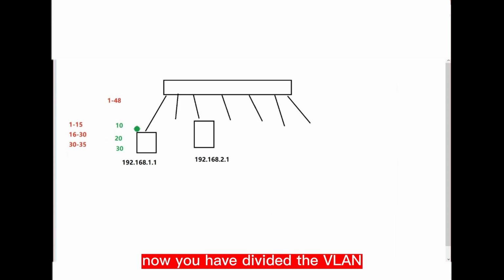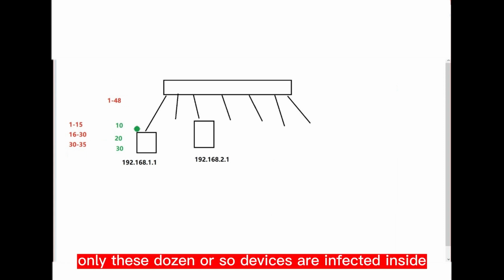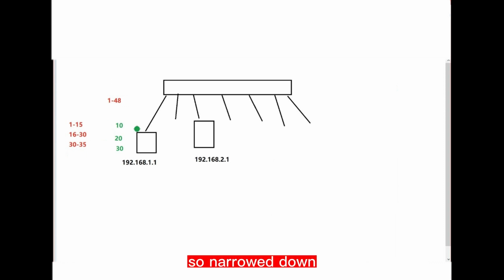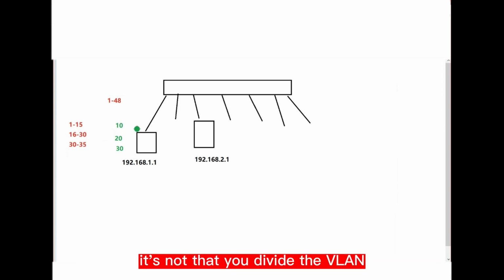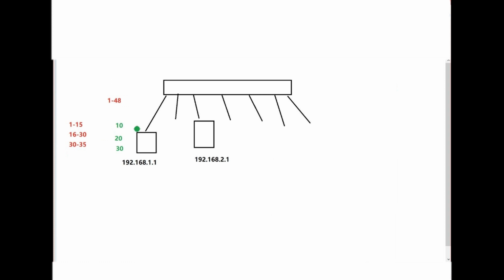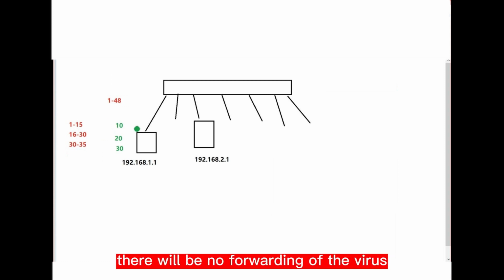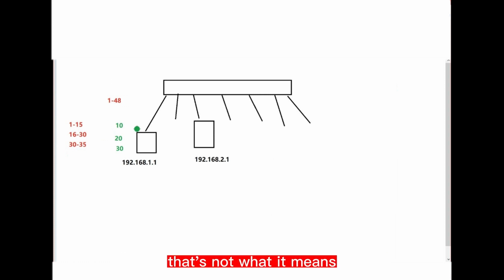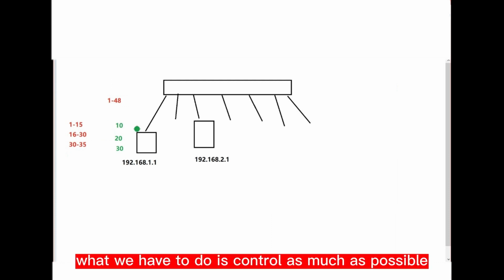Now you have divided the VLAN, only these dozen or so devices are infected inside. So it is narrowed down. It's not that dividing the VLAN means there will be no forwarding of the virus. That's not what it means. You need to know that what we have to do is control as much as possible.